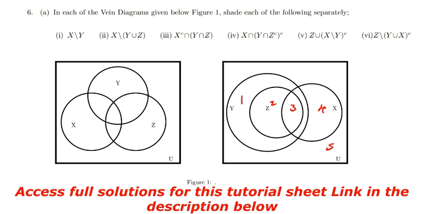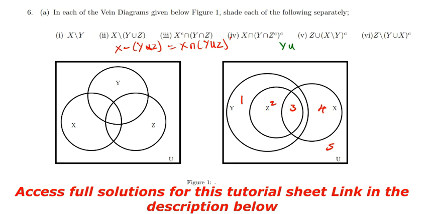We have x minus y union z. This is the same as x intersection open y union z, then complement. Using this second Venn diagram, let's first come up with y union z.